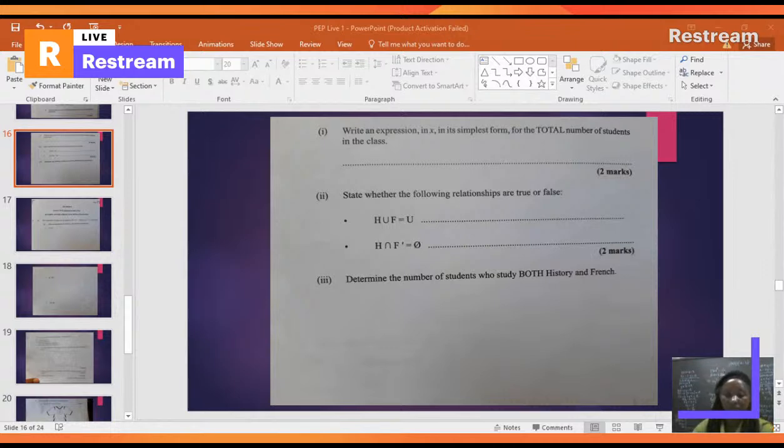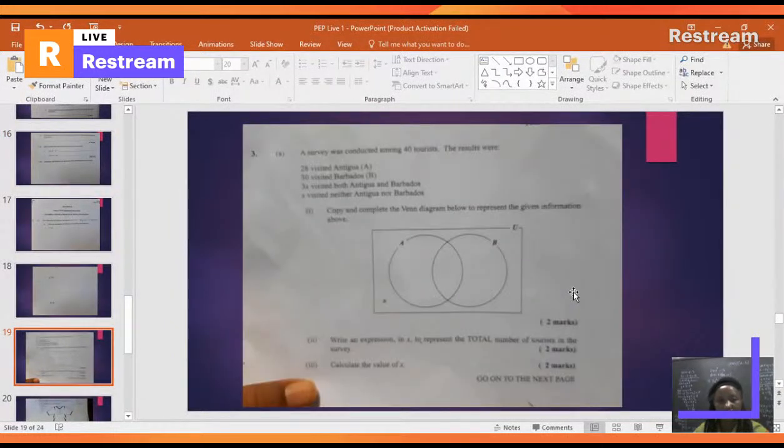All right, we have another section. And it says, a survey was conducted among 40 tourists.